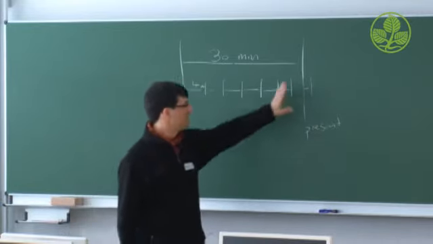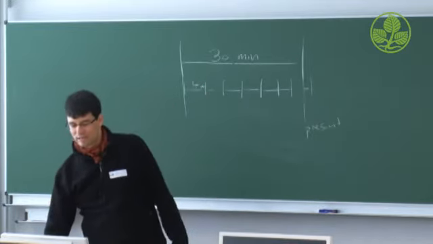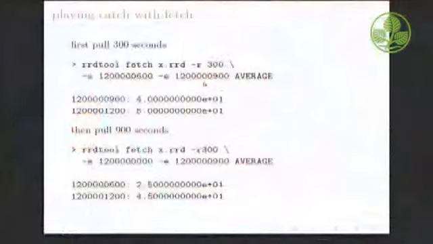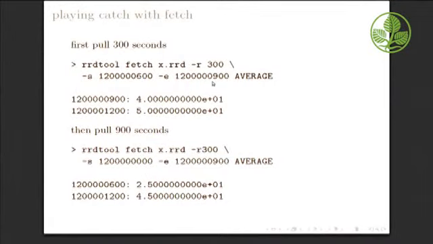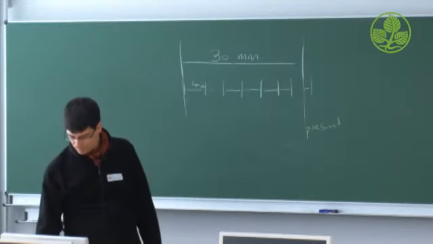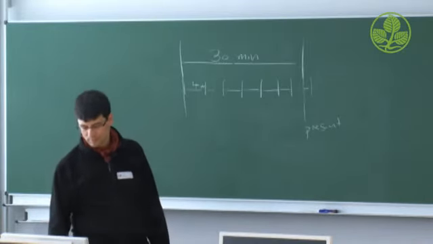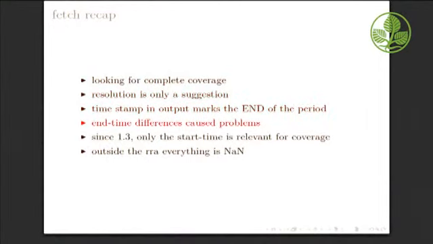Presently, it just disregards this part of your request when it picks. So the endpoint in time is disregarded when picking the right round-robin archive. In 1.3, that endpoint requirement was dropped.